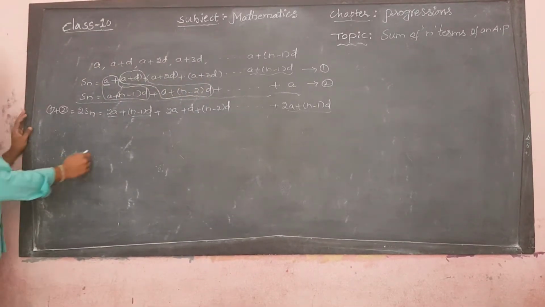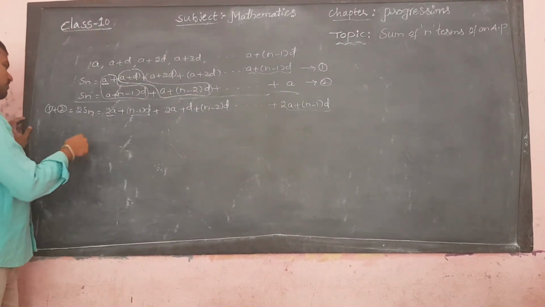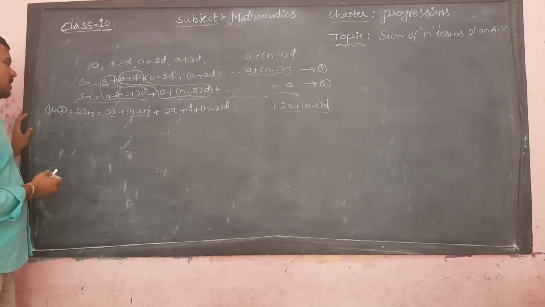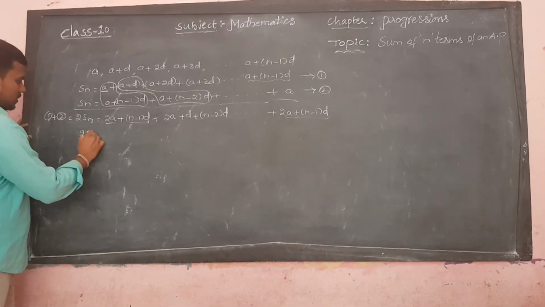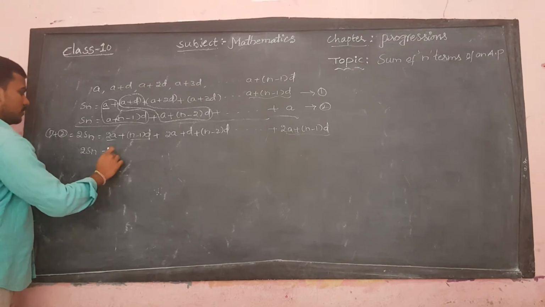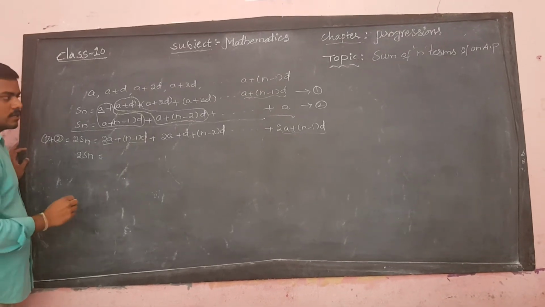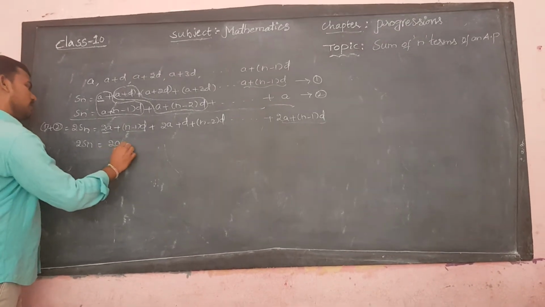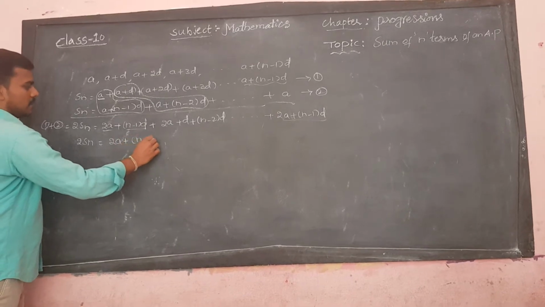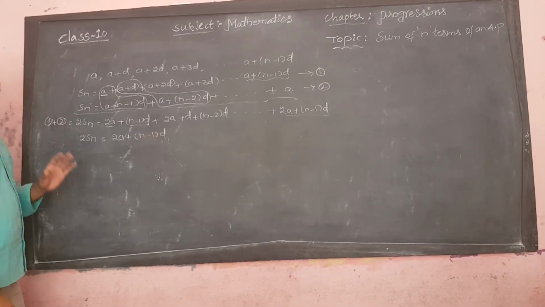So here is the general formula for the sum of n terms of an AP. 2Sn is equal to, from these terms we can conclude, 2a plus (n minus 1) into d is common.